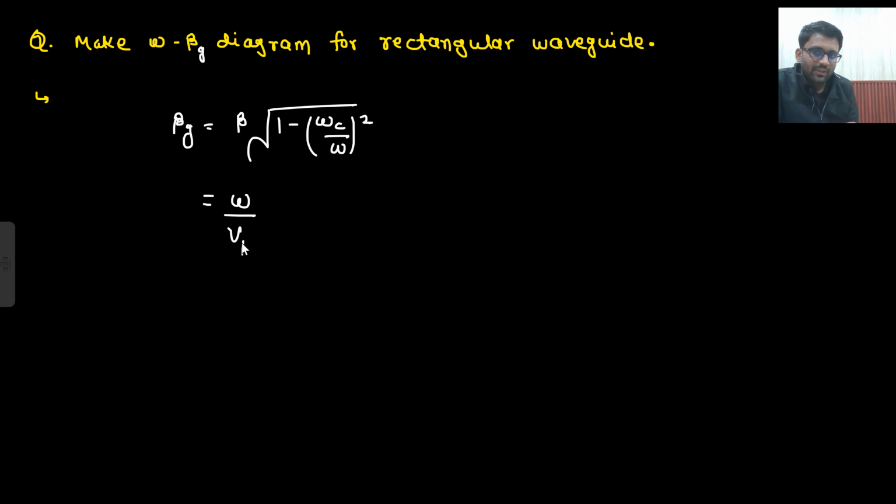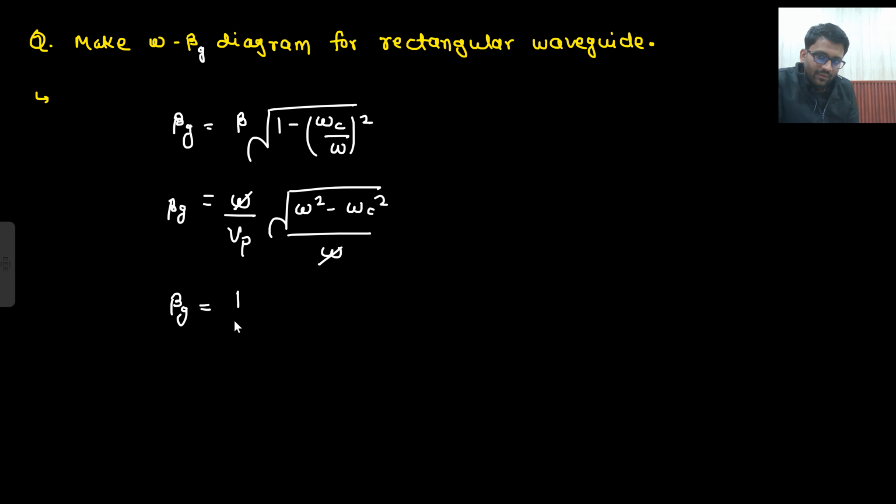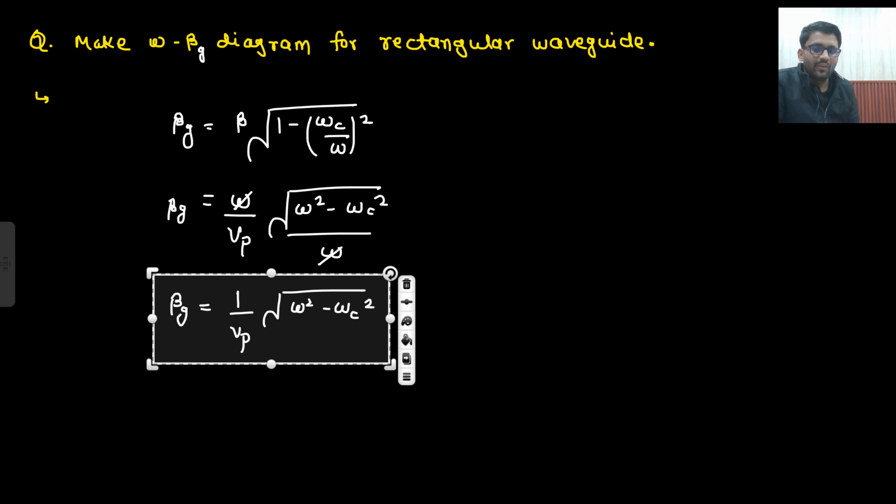Beta is omega by Vp, multiplied by under root of omega square minus omega C square divided by omega square. So when you take the under root, omega gets cancelled. So beta G equals 1 by Vp under root of omega square minus omega C square. This is the exact relation between beta G and omega.